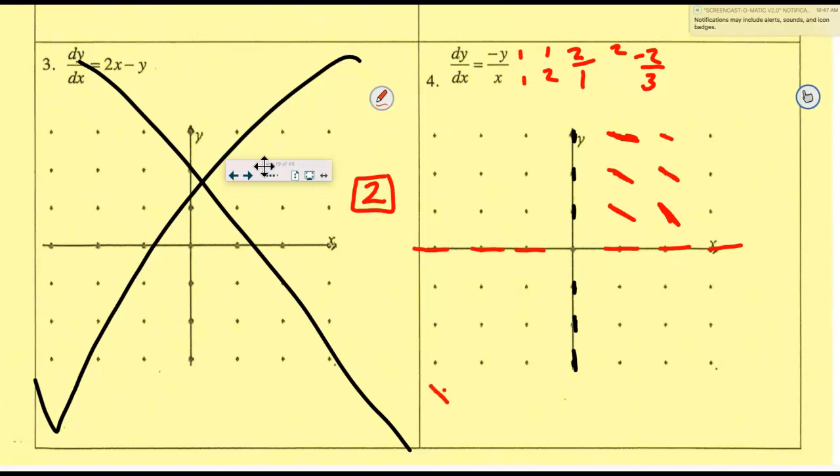Like they'll do an XY table and figure it out. You're basically doing arithmetic and making little lines.